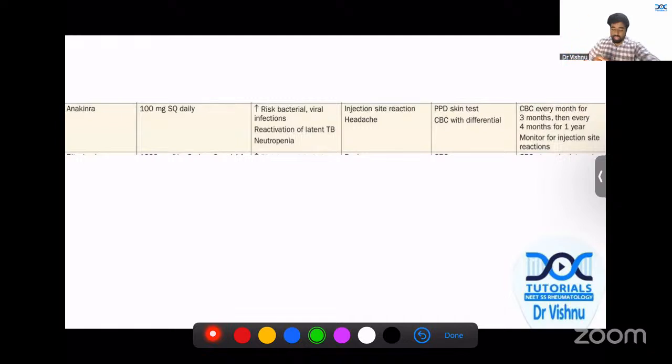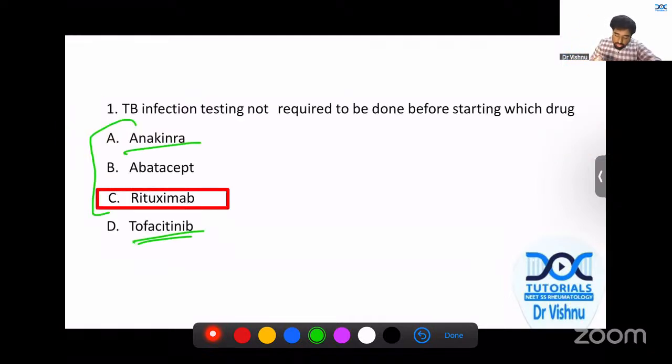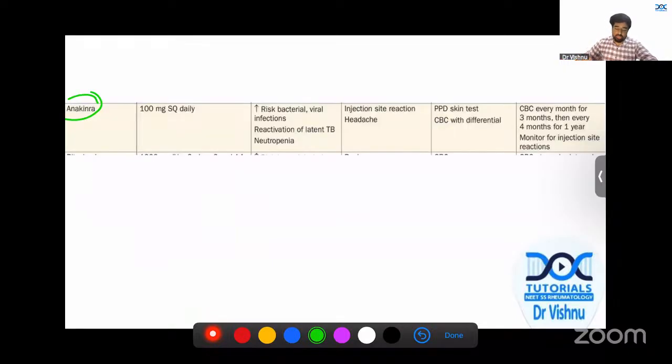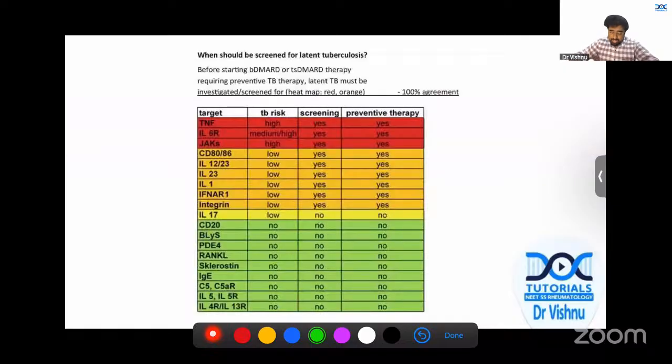While in your Harrison, the main confusion was anakinra and abatacept, the co-stimulation blocker. Anakinra is clearly given as reactivation of latent TB can occur, and there was a consensus paper showing when to screen for latent TB in which biologicals, how to screen, etc. There, the highest risk are JAK inhibitors, tocilizumab, and TNF alpha.